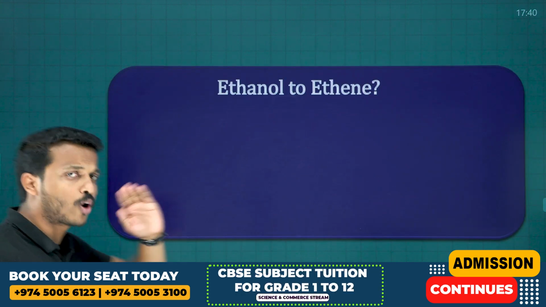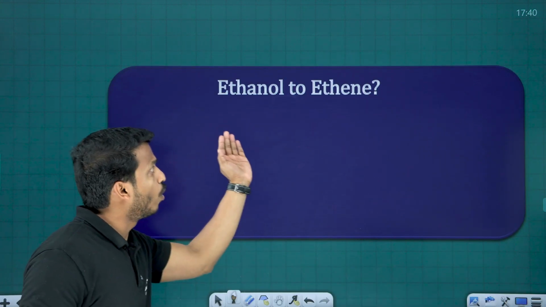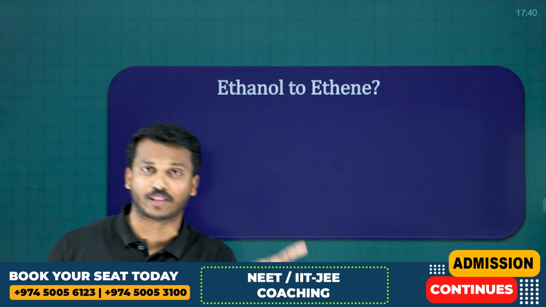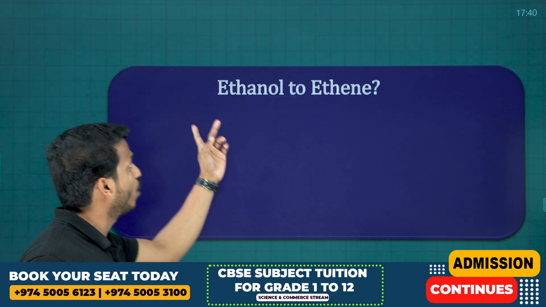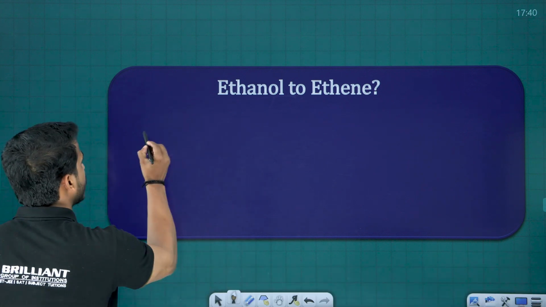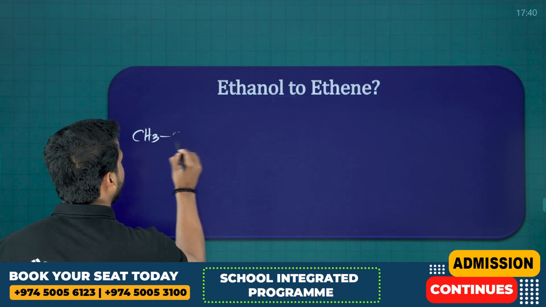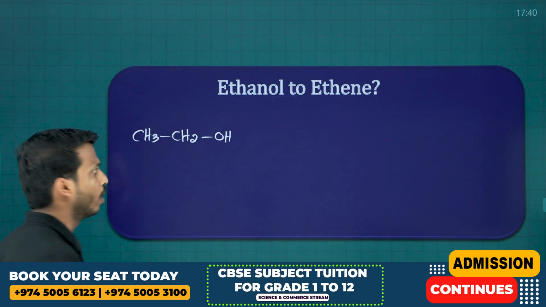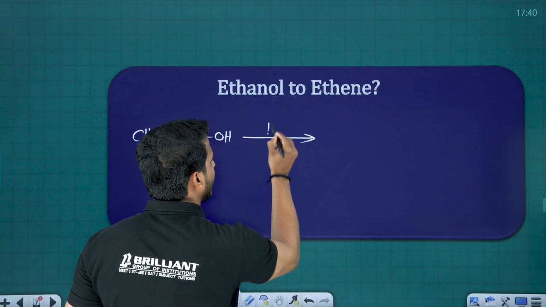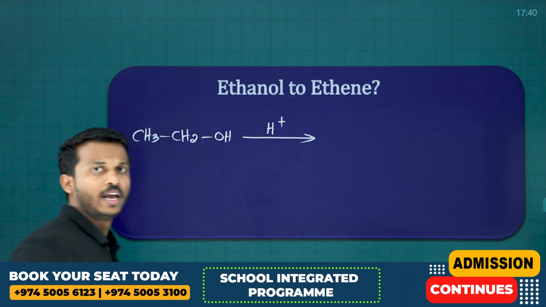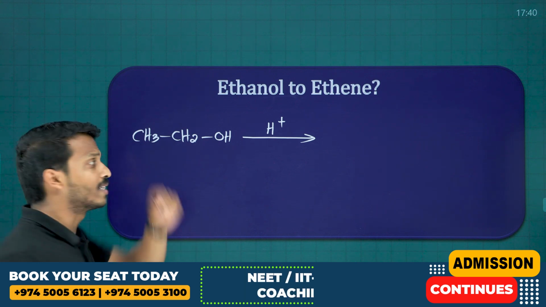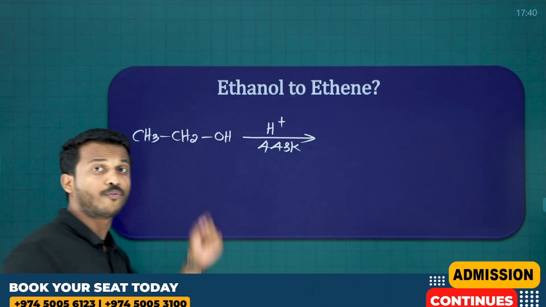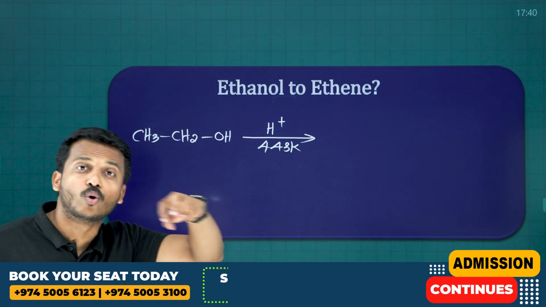So what happens overall here? Ethanol to ethene. In the first lecture we already studied converting ethene to ethanol. This is the opposite, ethanol to ethene. Ethanol is CH3CH2OH. When ethanol is heated with an acid at 443 Kelvin, it undergoes dehydration.